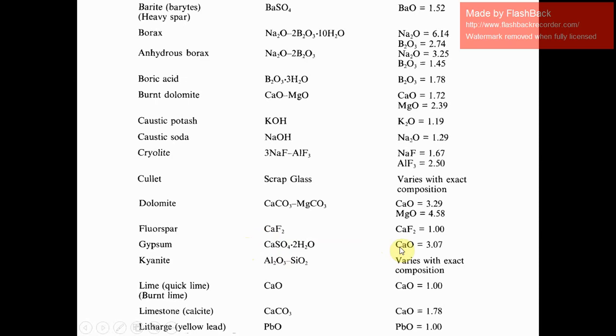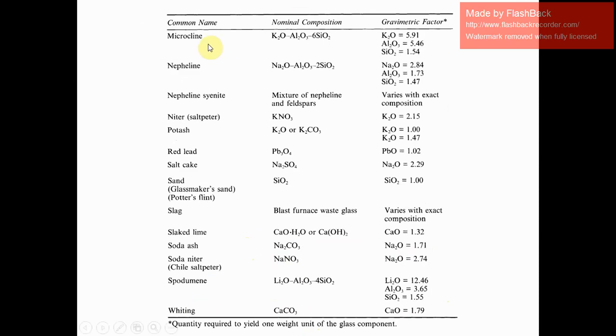For calcium oxide, the general raw material is lime, because its gravimetric factor is 1. Lime or limestone, CaCO3. And some other materials like nepheline, a raw material used for alumina and Na2O.